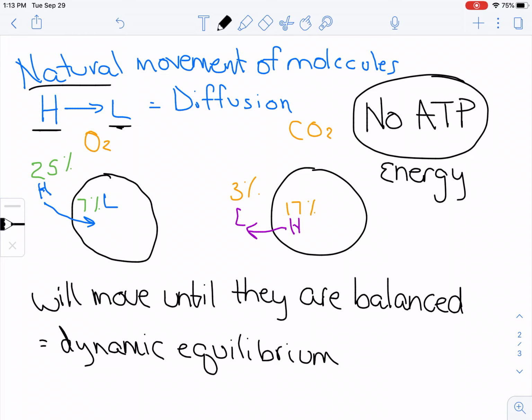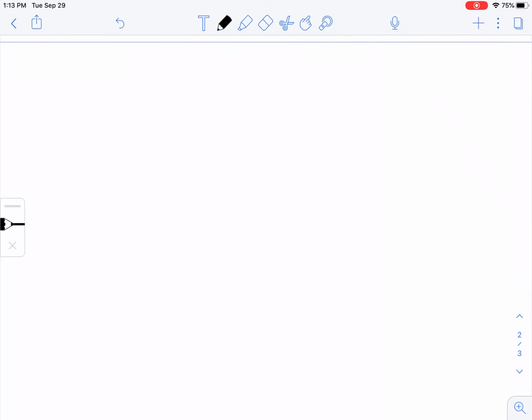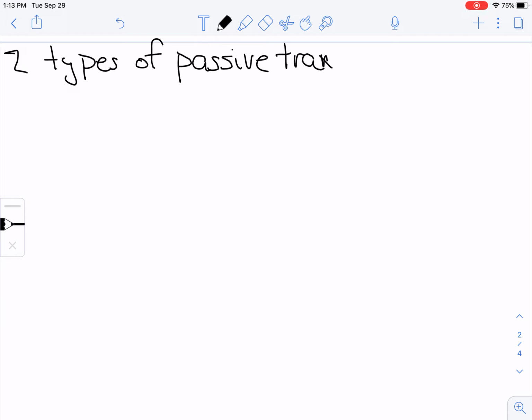When you're talking about molecules moving from high concentration to low concentration, there are a couple of different ways that this could happen. There are two types of passive transport, again, passive meaning no ATP.